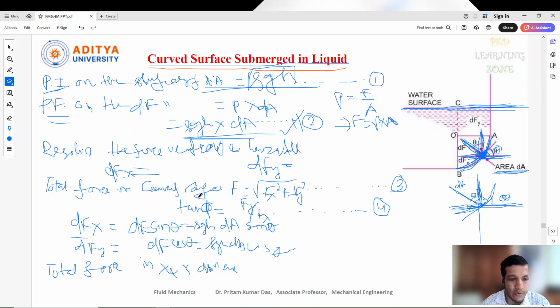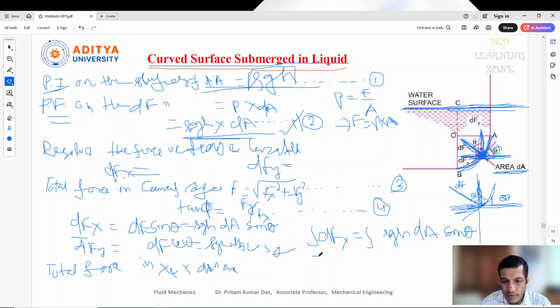Now the total force in the x and y direction is nothing but the integration. The integration of dfx, we can write rho g h dA, and this is sine theta.